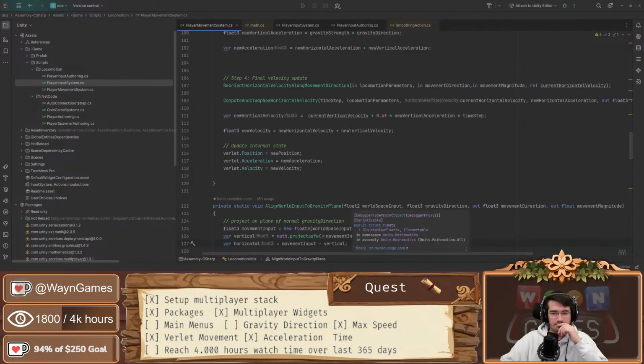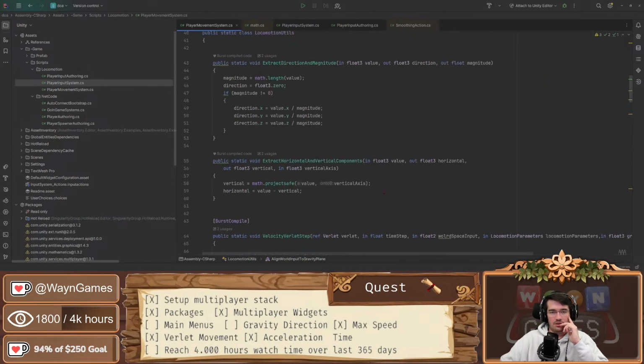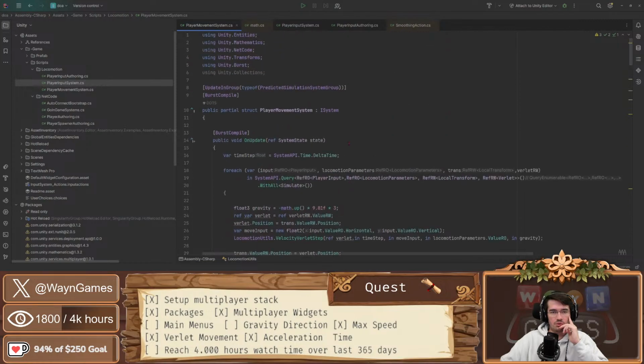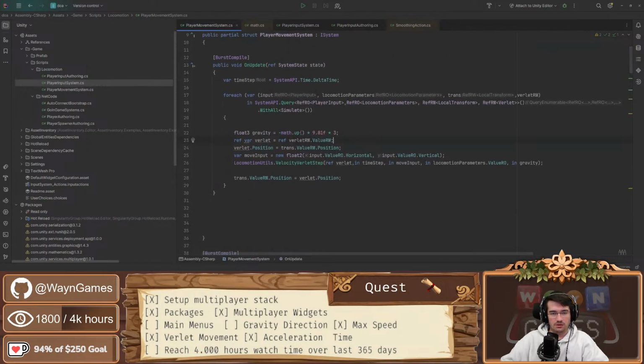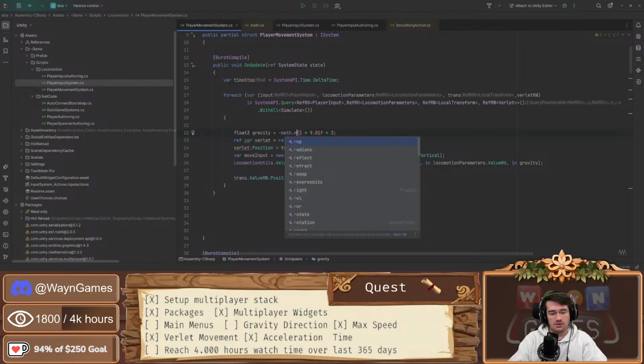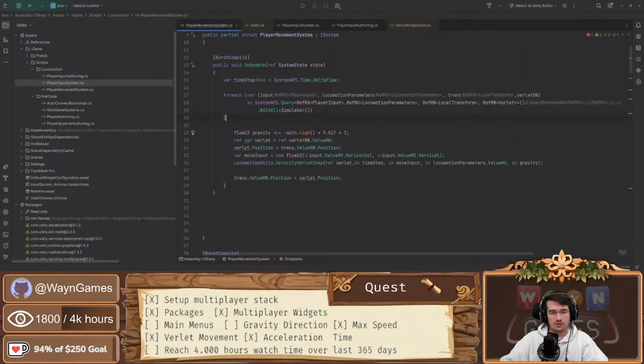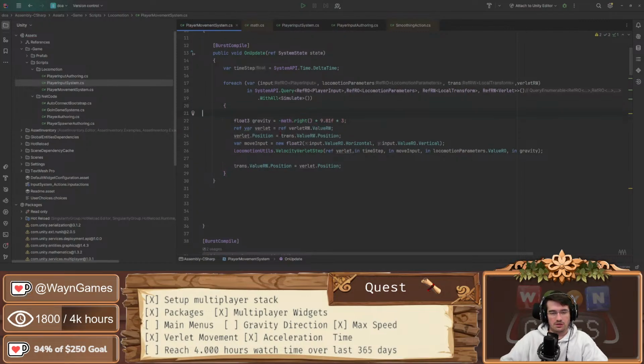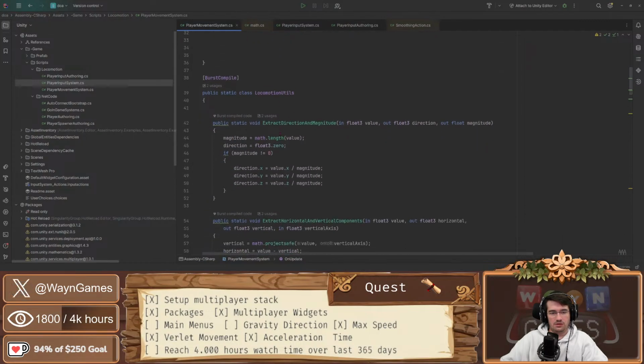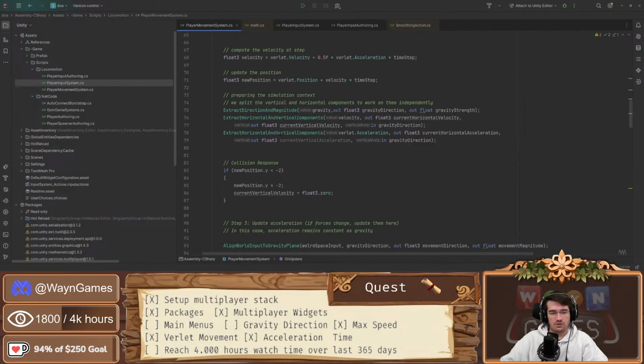Okay. So I was saying that if I wanted to try out to have not mass up but something else for the gravity, let's say right, and in that case I need to change this.